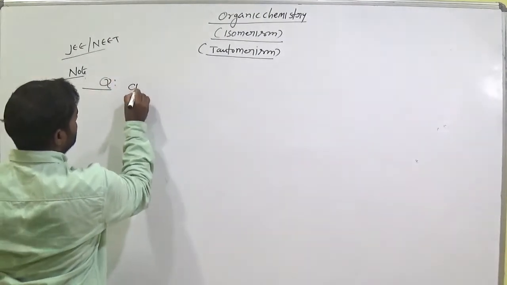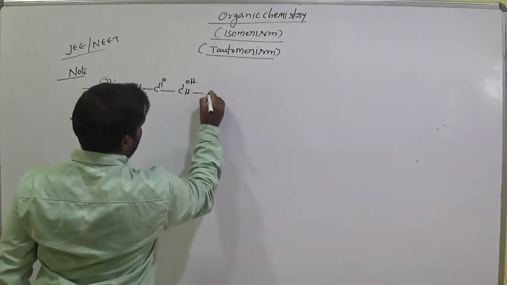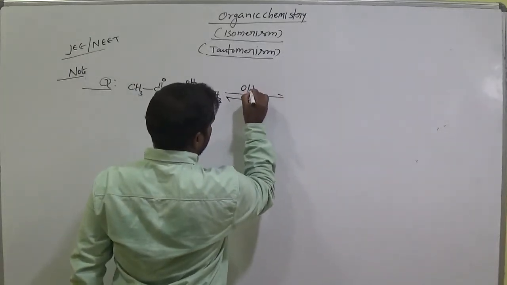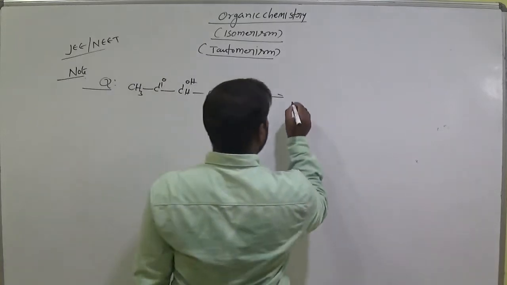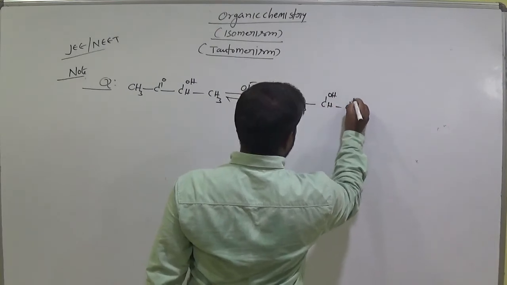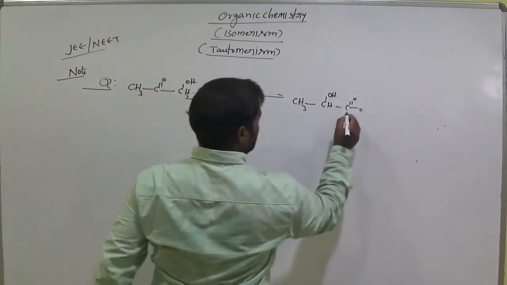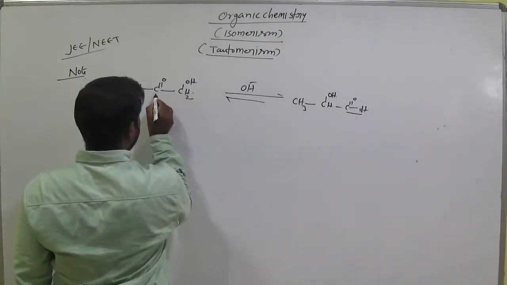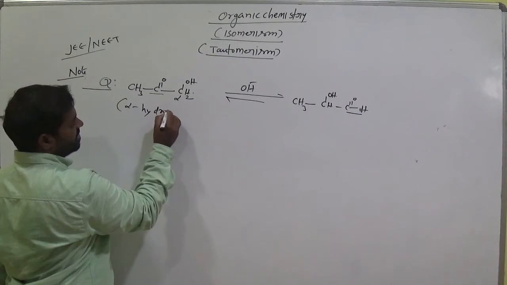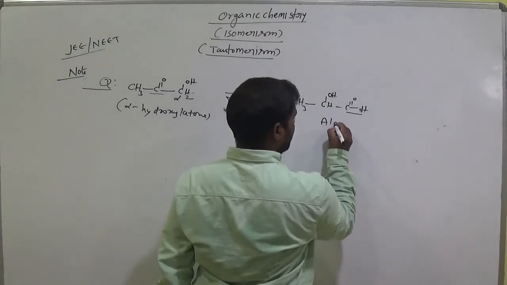Write the question: CH3 C double bond O CHOH CH3 in presence of base, okay, CH3 COH C double bond O, this is CH2, this is H, aldehyde, and this is ketone, this is alpha hydroxy ketone, okay, this is aldehyde.